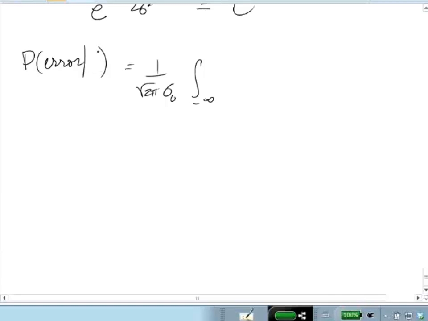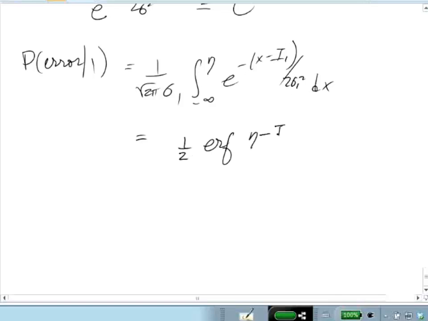Okay. 1 over the square root of 2 pi sigma 1, integrated from minus infinity to eta optimal, of e to the minus x minus I1 squared over 2 sigma 1 squared dx, which if we use the error function is equal to 1/2 the error function of eta minus I1 over the square root of 2 sigma 1.